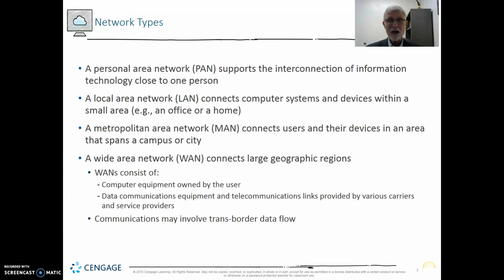What's inside your house is your responsibility. So the computer equipment is owned by you, and the data communications equipment that it takes to link back to the rest of their network, they own. Keep in mind, a wide area network may cross country borders based on the size of the company you've got.